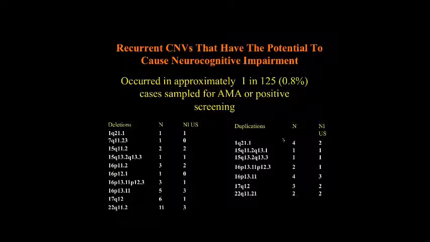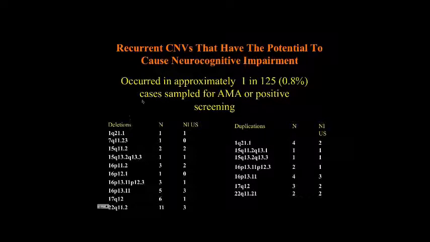One of the things that parents care about the most in prenatal testing is pregnancies that have the potential to cause significant neurocognitive impairment. So I took the cases from our study and listed the frequency of those that have recurrent, well-defined, pathogenic copy number variants associated with neurocognitive complications.